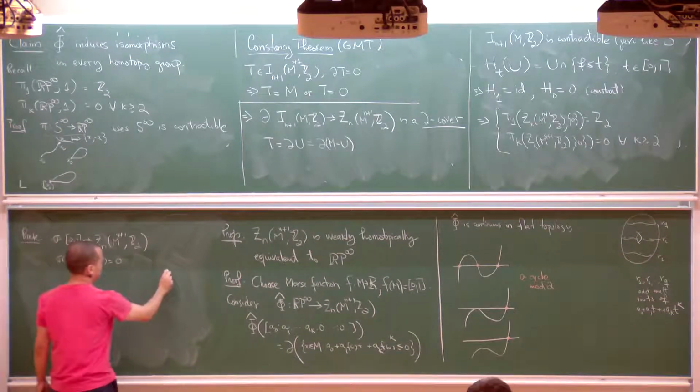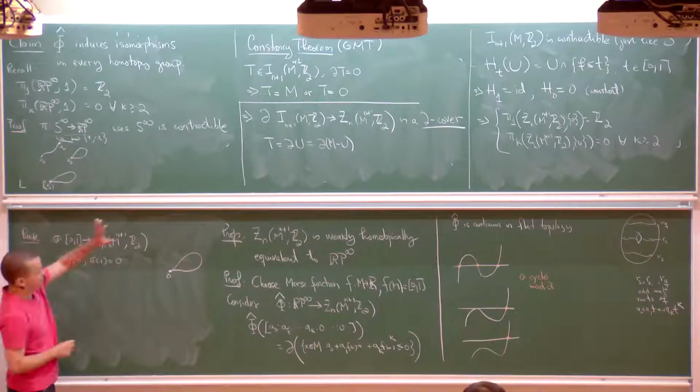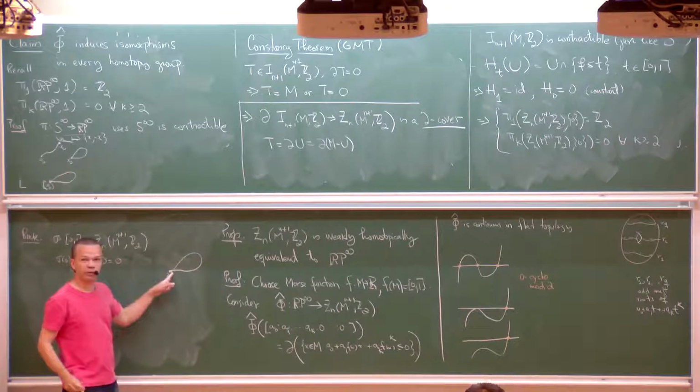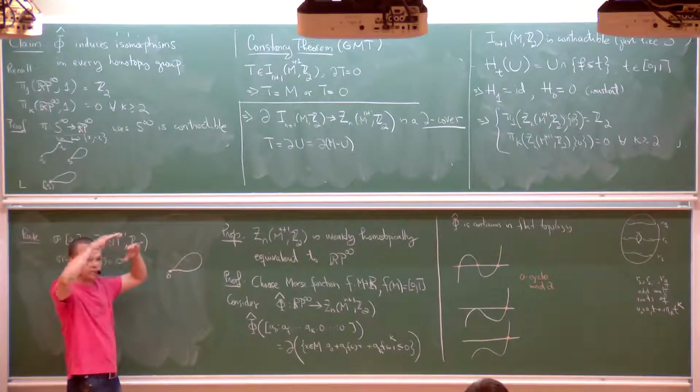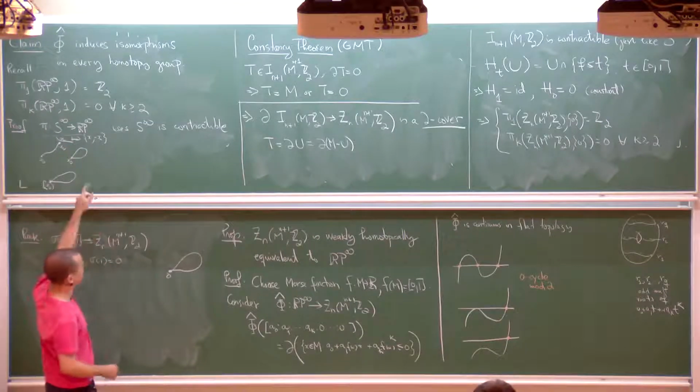Okay, so this is a loop. Well, because of this picture, this loop is going to be contractible if and only if, when I lift it to the space of chains, the lift is closed, just like in RP infinity.